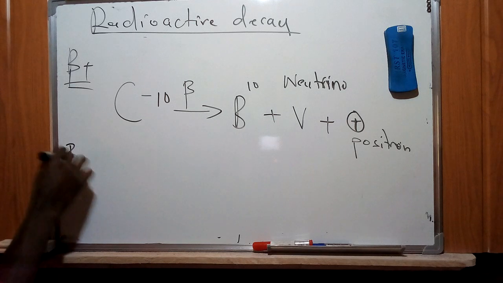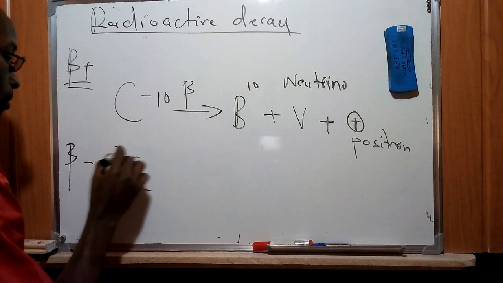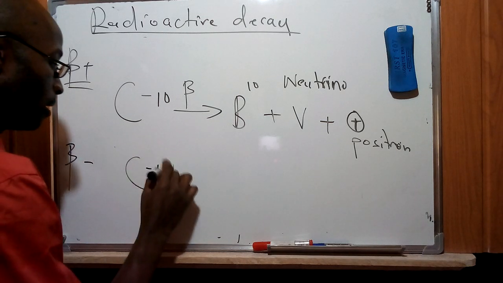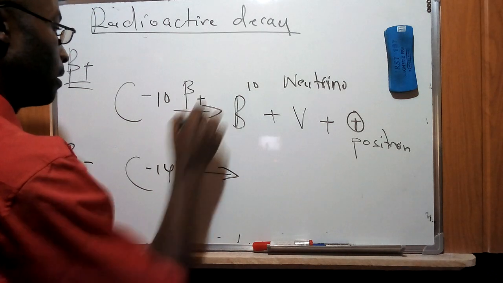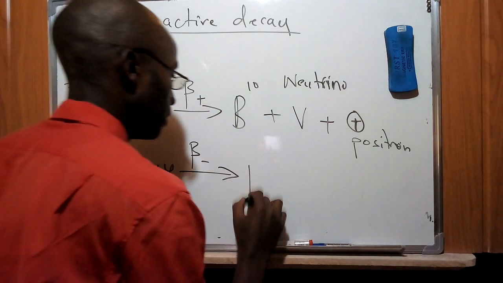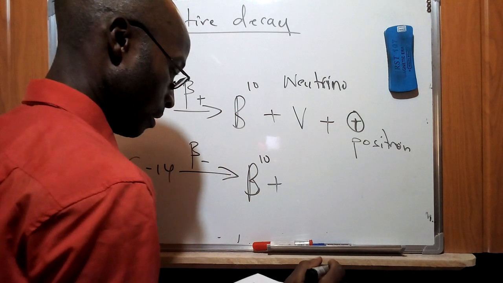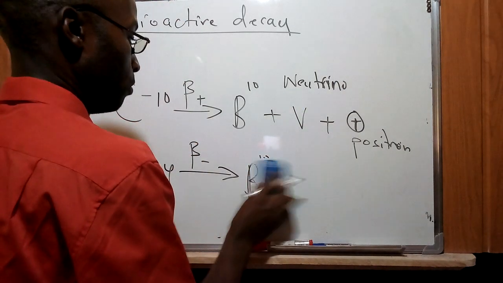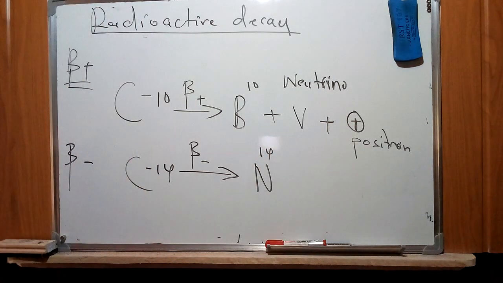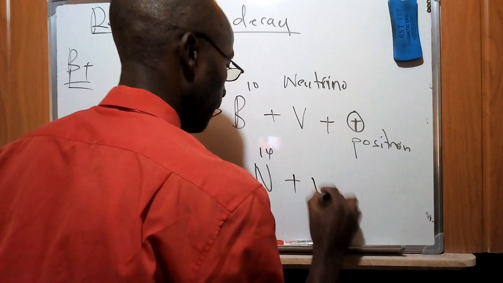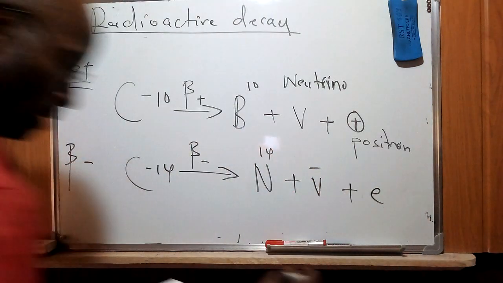And then for the beta negative process, I'm also going to give an illustration. We have an isotope, carbon 14, which is undergoing beta minus decay. We shall have, no, this is not going to be boron, of course. This is going to be nitrogen 14, and then we shall have that one plus an electron.